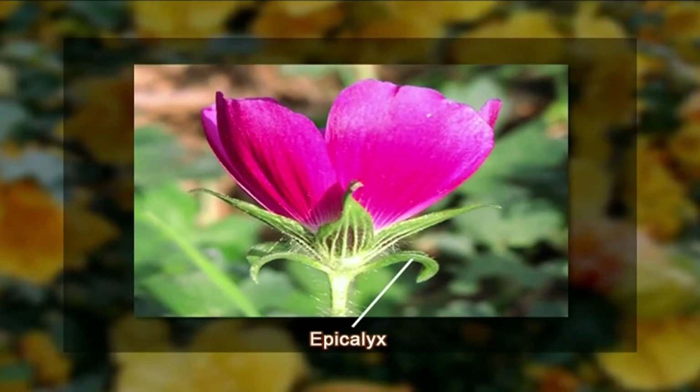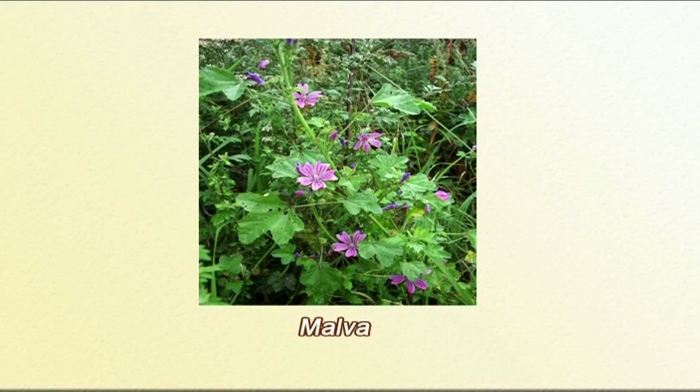A characteristic feature in the case of Malvaceae is that the flowers are associated with conspicuous bracts that form an epicalyx. The number of these bracts which form the epicalyx varies between different species. For example, in the case of Malva, the number of bracts that form the epicalyx is 3.